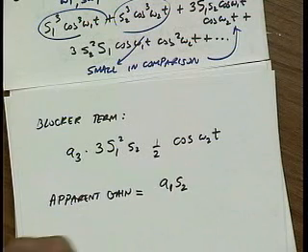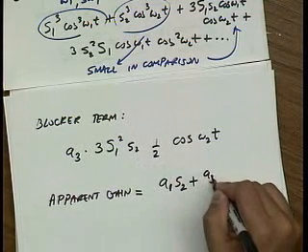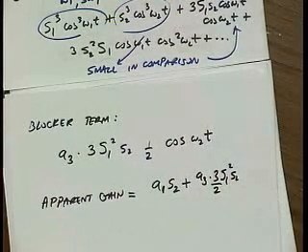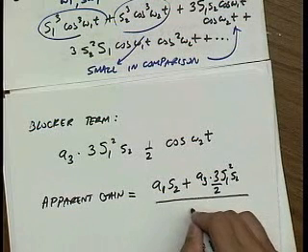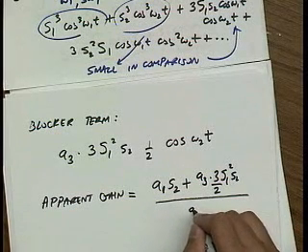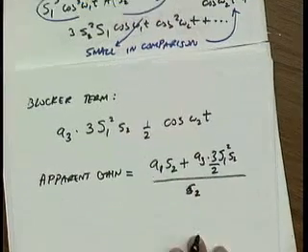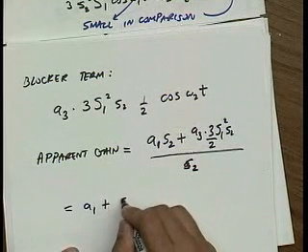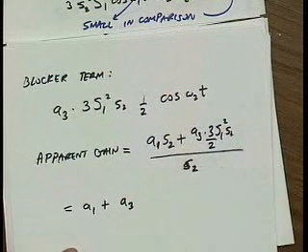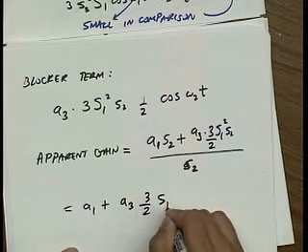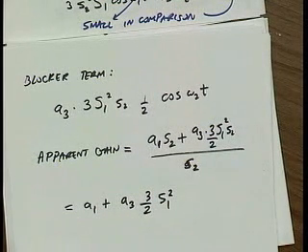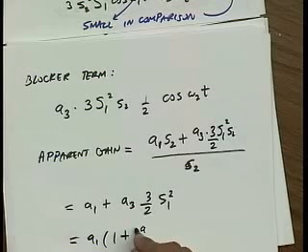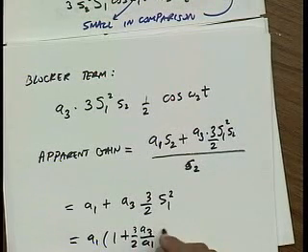That's the linear term, plus this nonlinear term, which is A3, 3/2 S1 squared S2. And if I now divide this by the input, which is S2, the apparent gain looks like A1 plus A3. I can see that S2 cancels out of this equation. 3/2 S1 squared. And I could write this as A1 times 1 plus 3/2 A3 over A1 S1 squared.